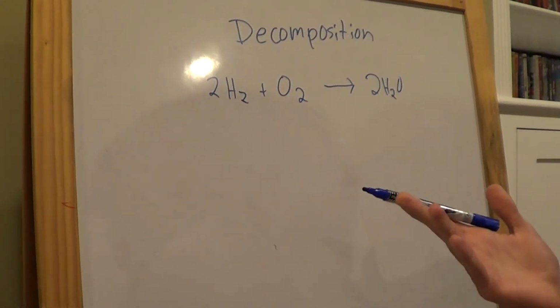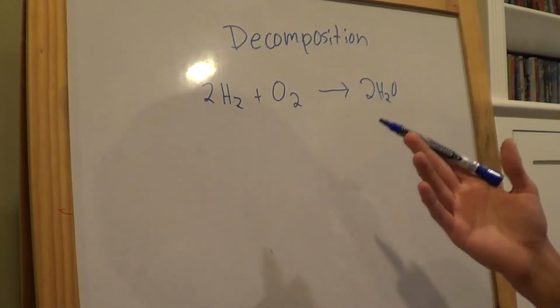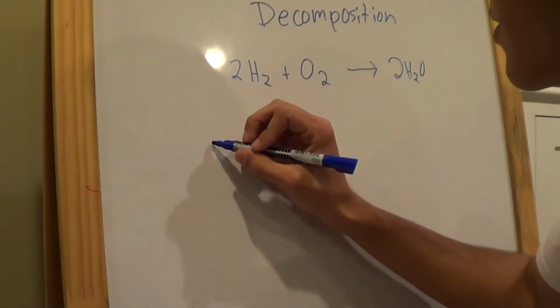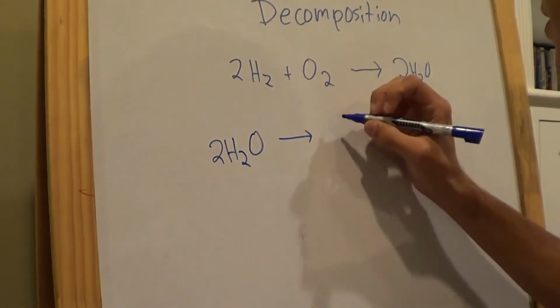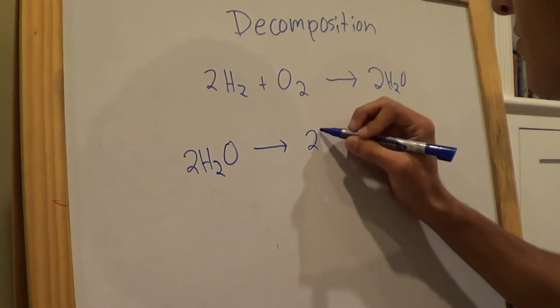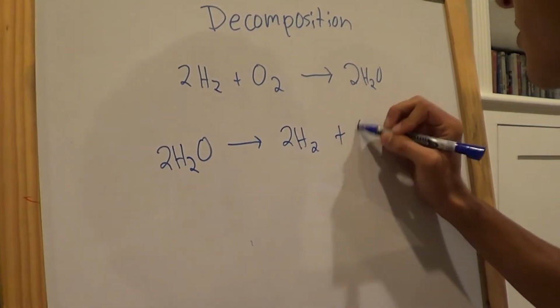Since that's a synthesis reaction, this is a decomposition reaction, so it's going to start out as water, and then it's going to turn into 2H2 plus O2. So it's just the reverse of synthesis.